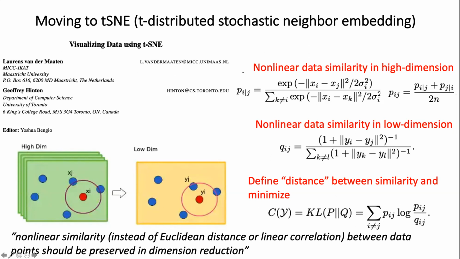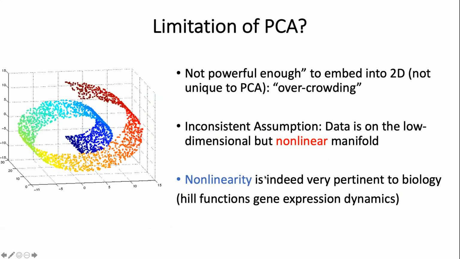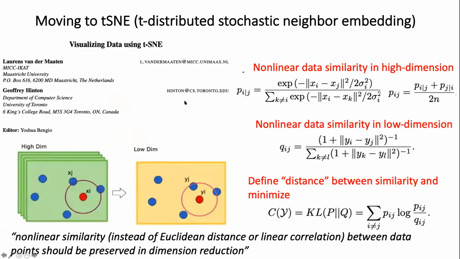I won't talk too much about the mathematics, but a way to understand t-SNE is that PCA preserves Euclidean distance, while t-SNE preserves some nonlinear Gaussian similarity. X are in the high-dimensional space, and you define some complicated nonlinear data similarity. For example, for closer data, you think that they are more similar, but this is no longer linear. For Y, which is unknown, you want to project a coordinate.